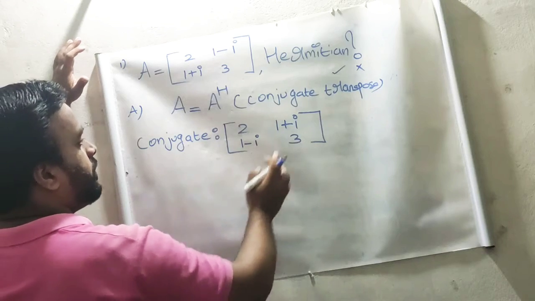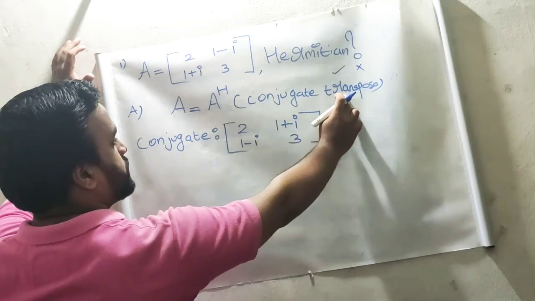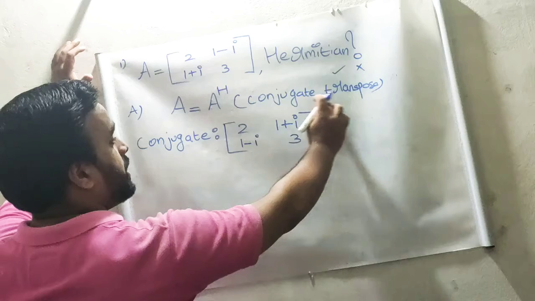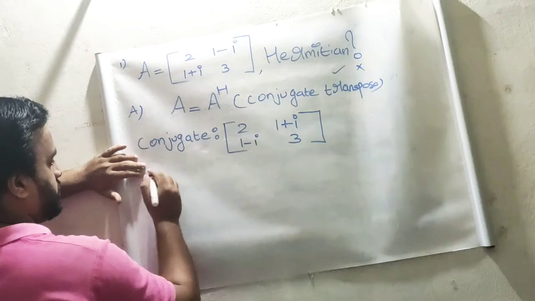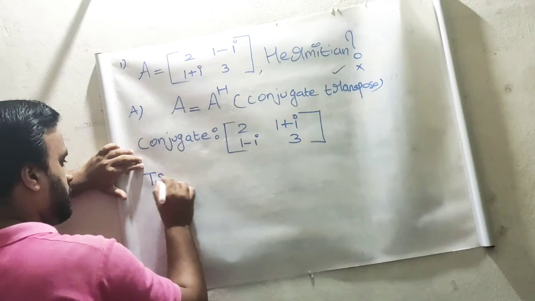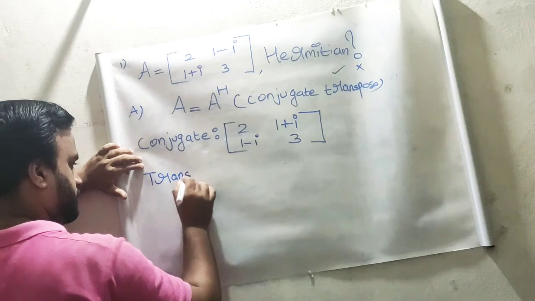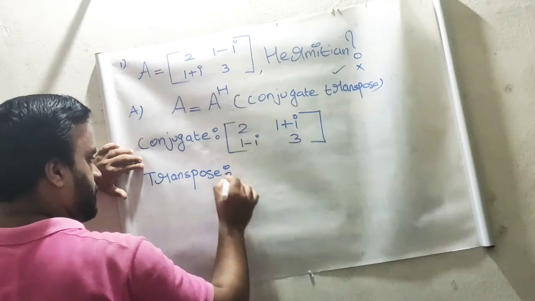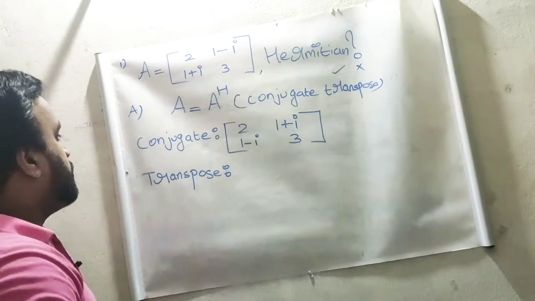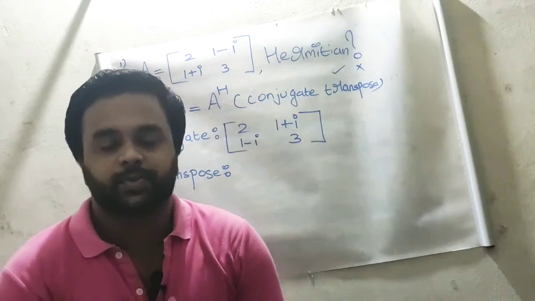Then we want to find the transpose of this conjugate matrix. How can we find the transpose matrix?